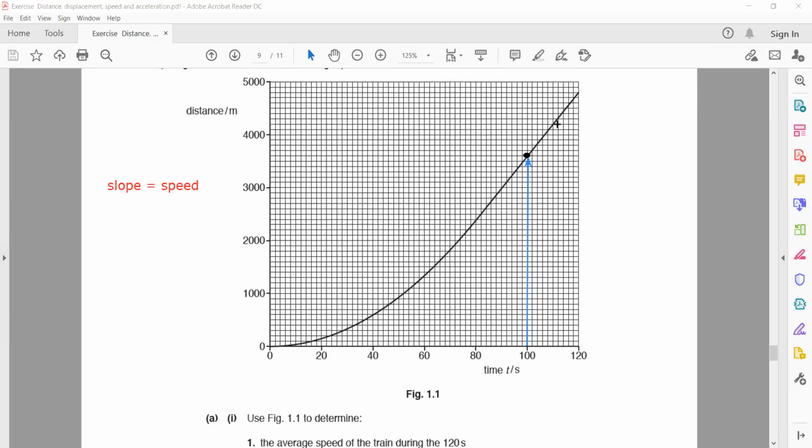Because it is a straight line, the speed does not change, so you can take any 2 points on the straight part. The first point on the x-axis is called x1.